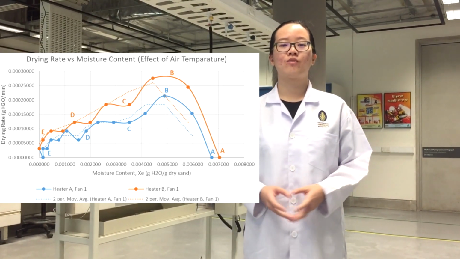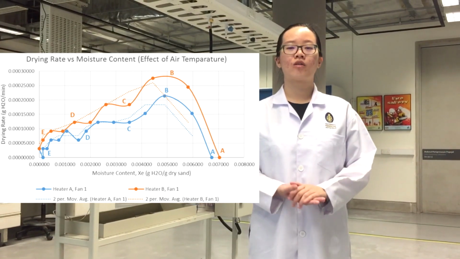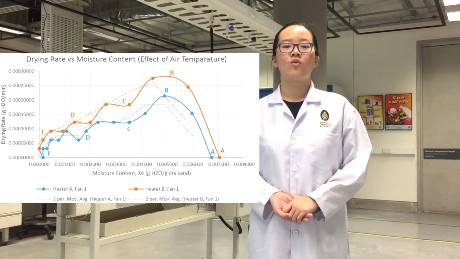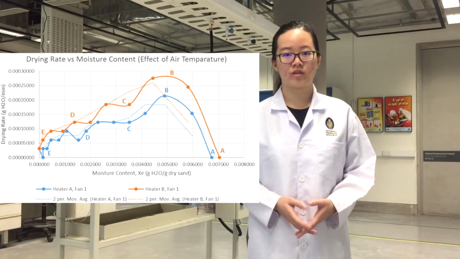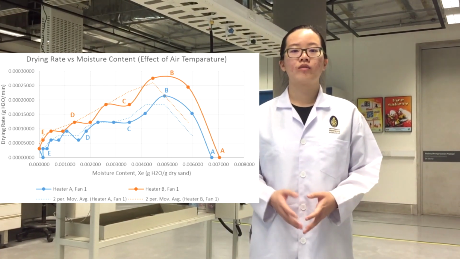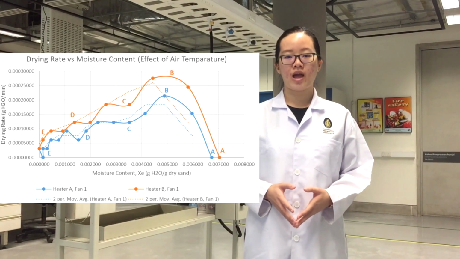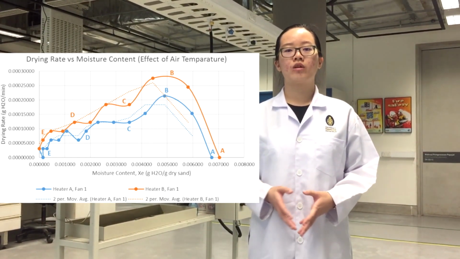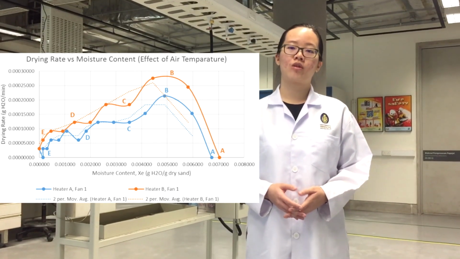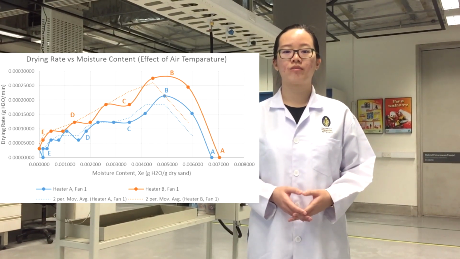Next, the drying process then entered a constant rate period where the drying rate was constant, even though the moisture content was decreasing. The temperature of the sand for both heater A and heater B was stable during this period. The moisture content at the end of this period was called critical moisture content.